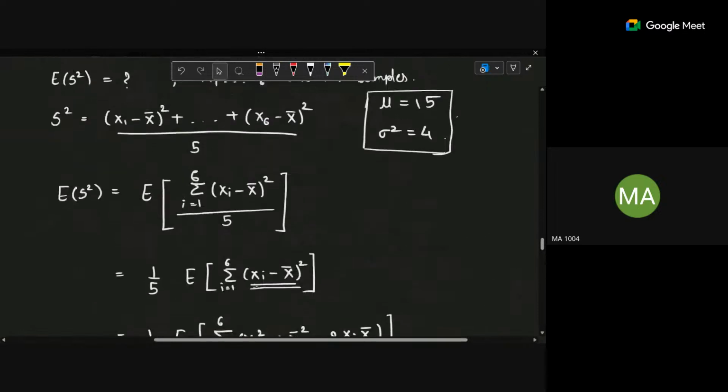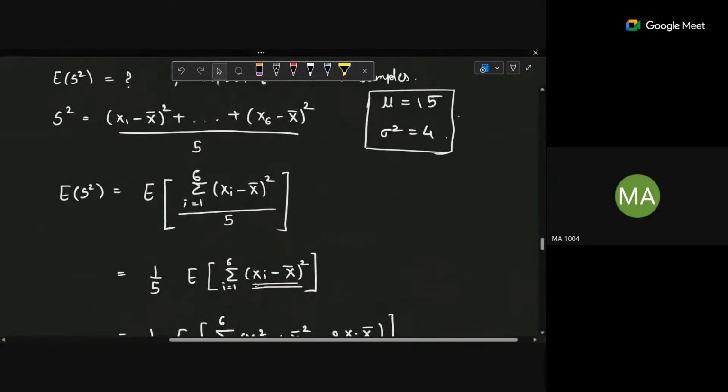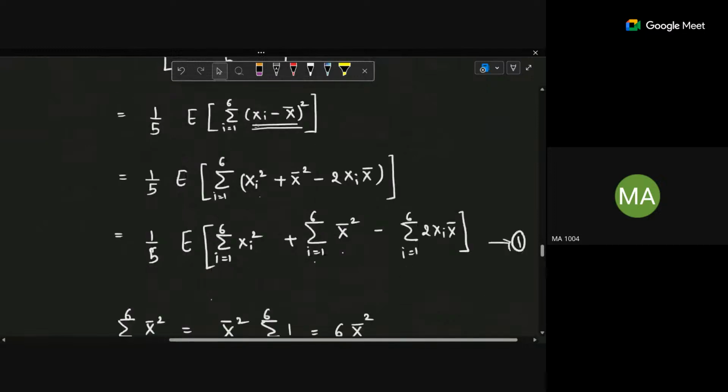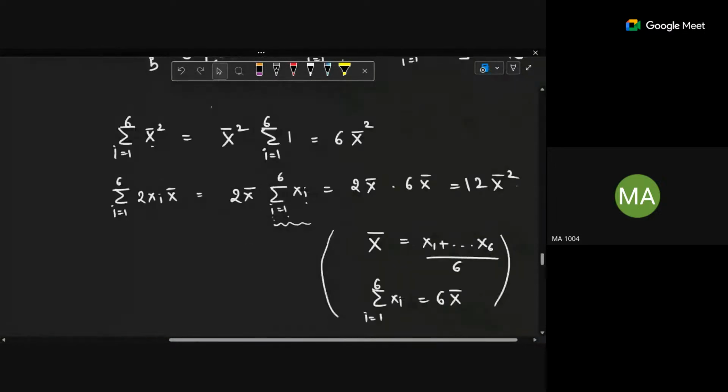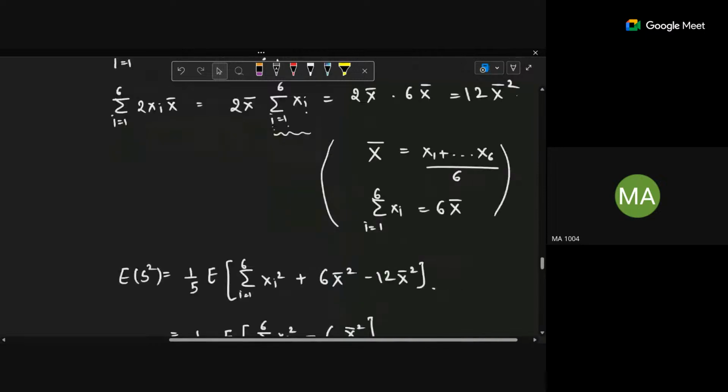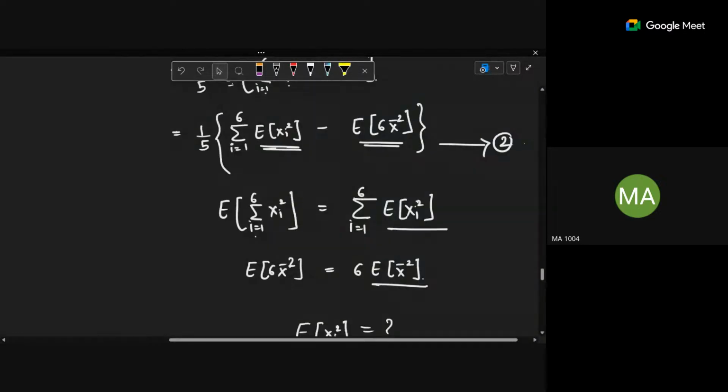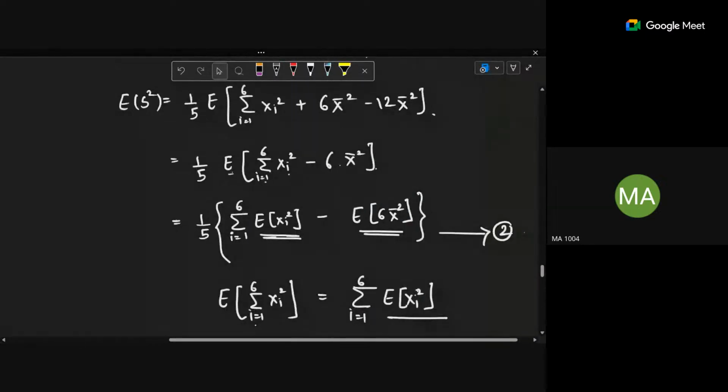We'll do the same thing. Expectation of S square is summation of this; we will separate out xi minus x bar the whole square, and we'll find out how to solve this summation of x bar square and xi squares. Then the question arises at this part, right?